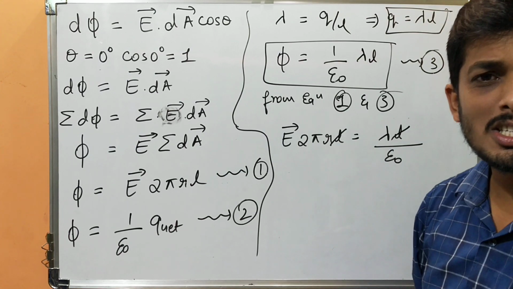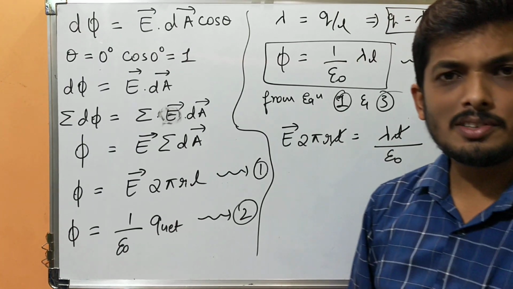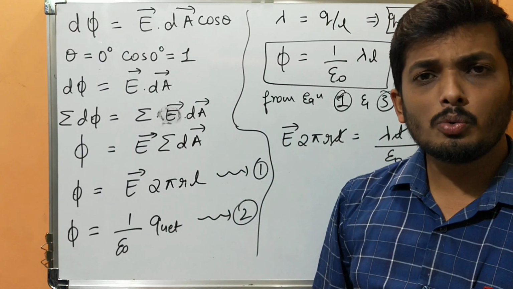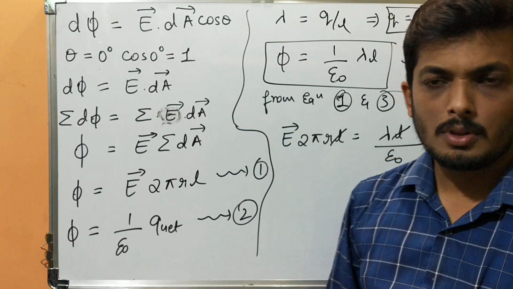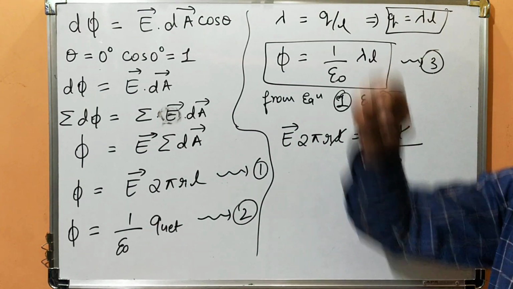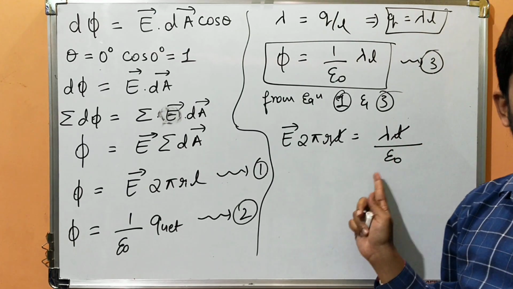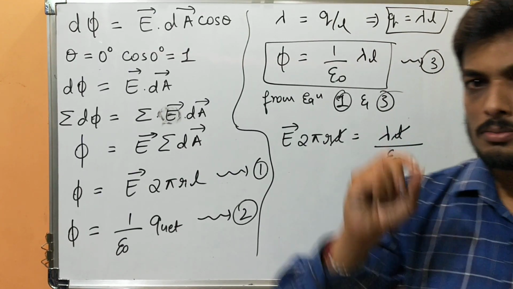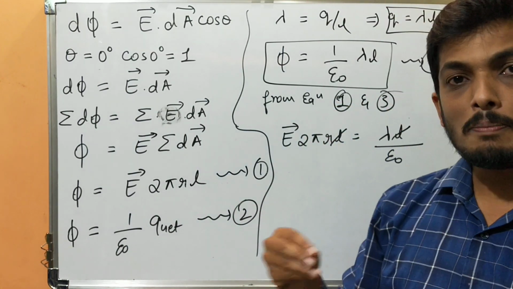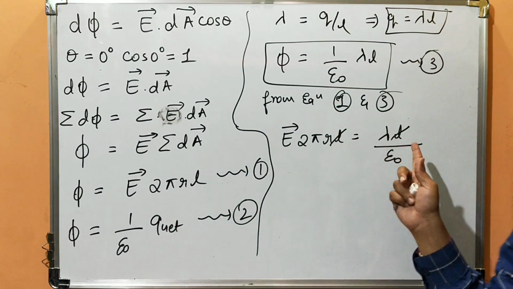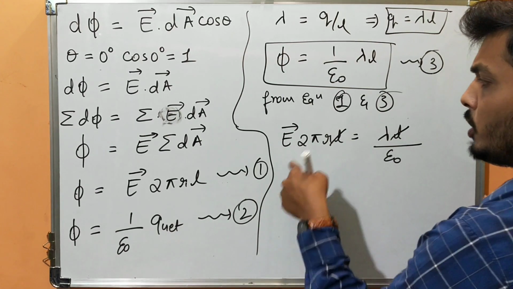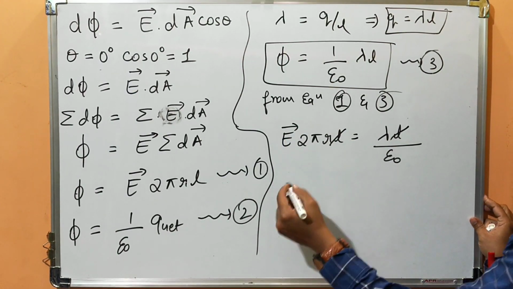Look here, very interesting thing. As I told you in the previous class itself, Gauss law has nothing to do with the dimensions of the conductor. Whatever length it might be, L has no role to play here. L gets cancelled automatically. Even mathematically it is proved that it is independent of L. So what do we want? We want an electric field, so we will simply substitute for electric field.